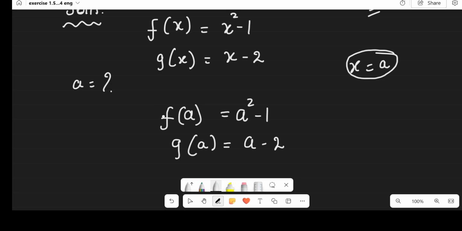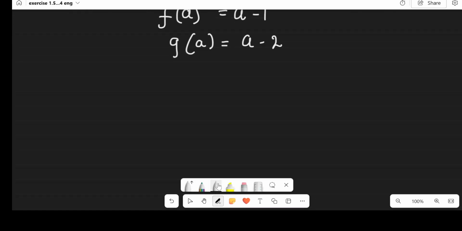Now, in the question, one more piece of information is given. What is that? g of f of a equals 1. Actually, what is the question? If g of f of a equals 1, then find the value of a.